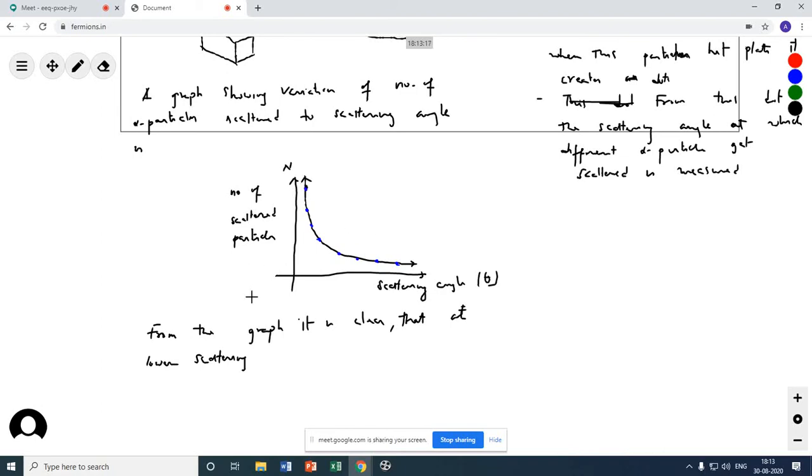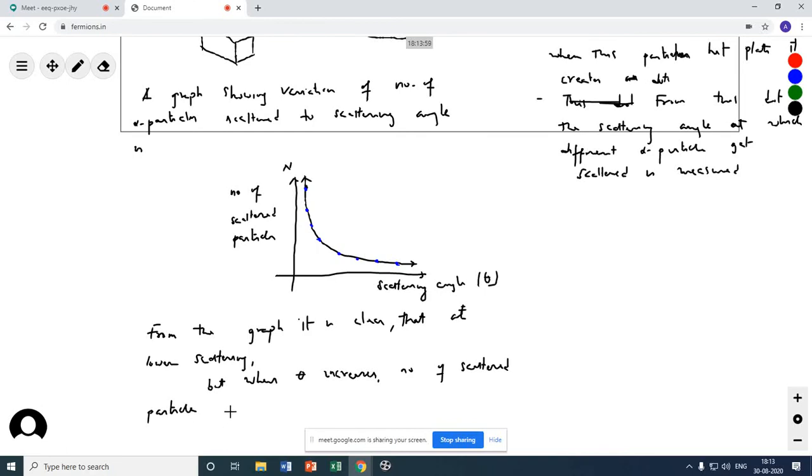But as theta increases, meaning the scattering angle increases, the number of scattered particles decreases.